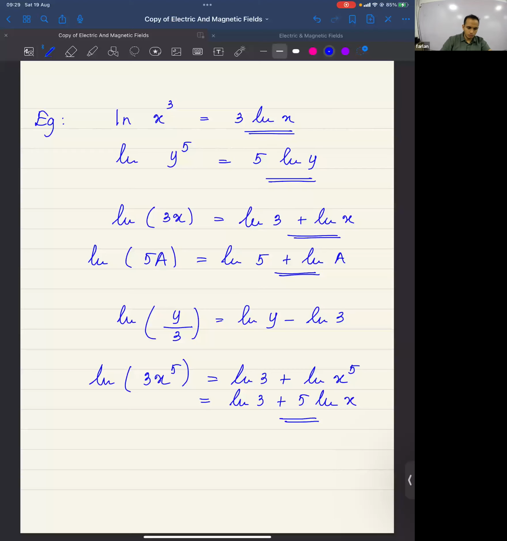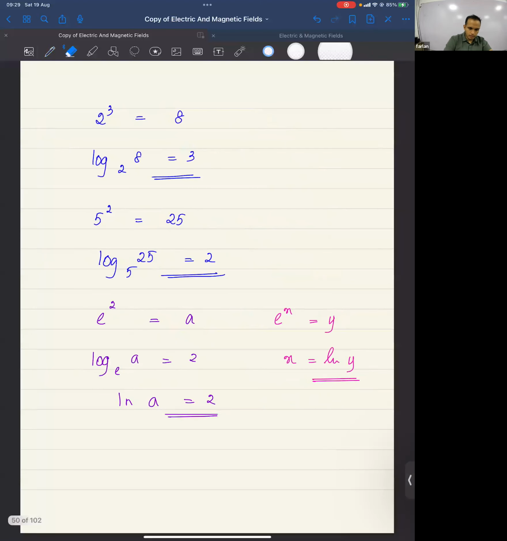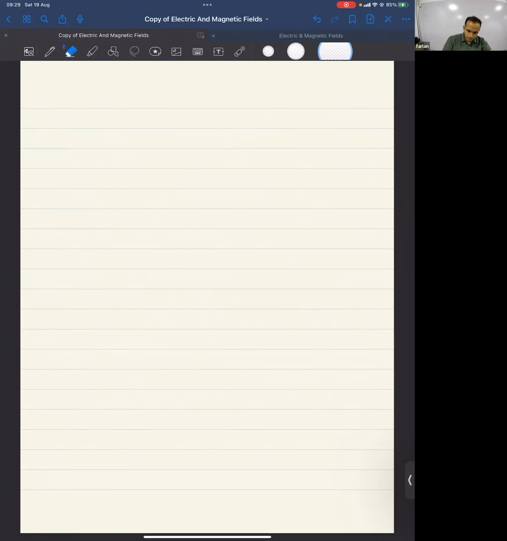Now let me take you again to the three equations we learned. I'll take this one. Q equals Q naught e to the power minus T over RC. Correct.